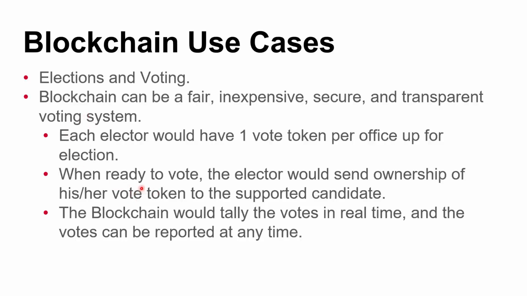And then when ready to vote, the elector would send the ownership of his or her token to the supported candidate. So to the candidate for U.S. senator, to the candidate for U.S. Congress, and to the candidate for mayor. The blockchain would instantly tally the votes in real time, and the votes can be reported on at any time.